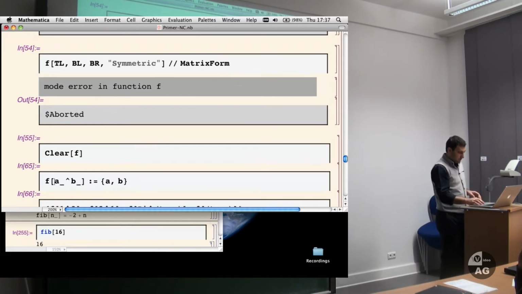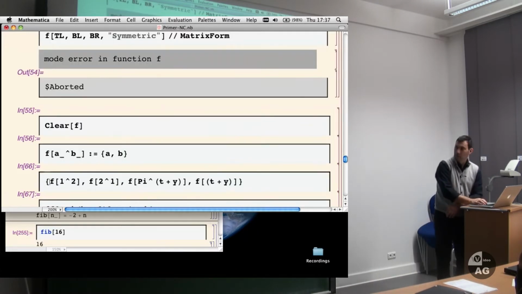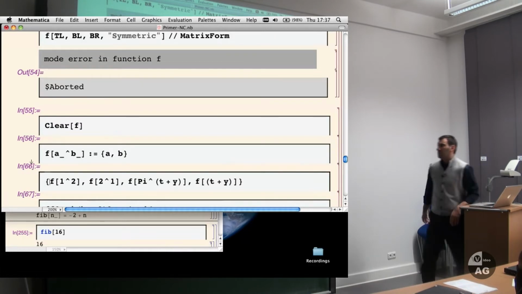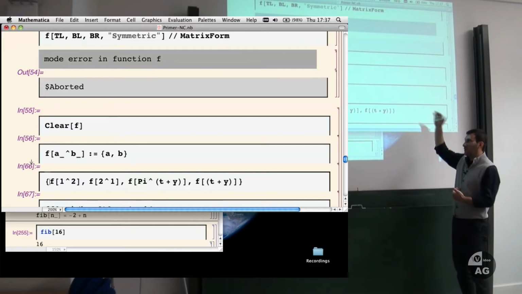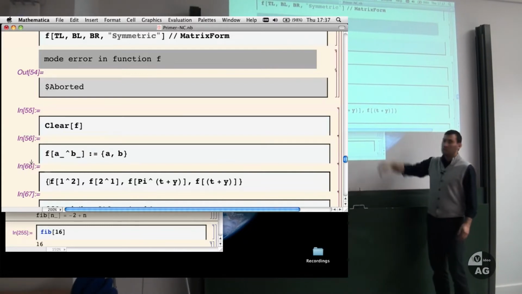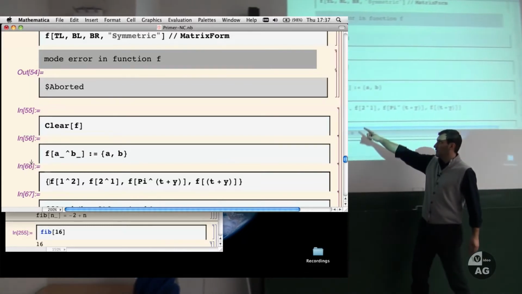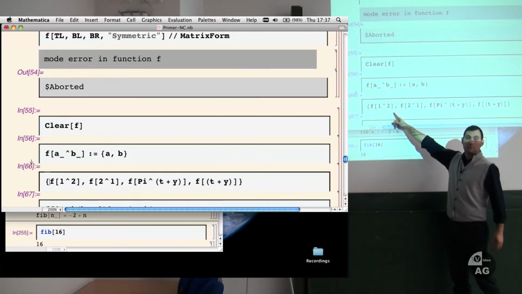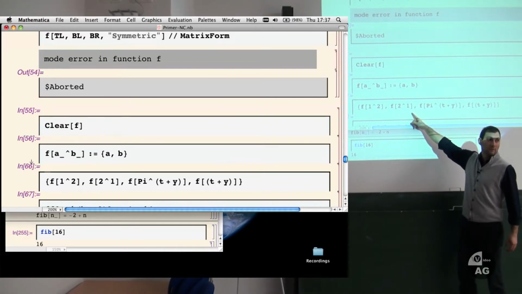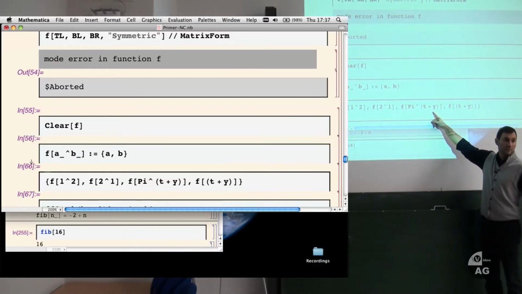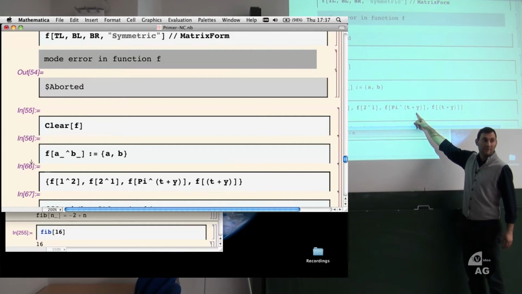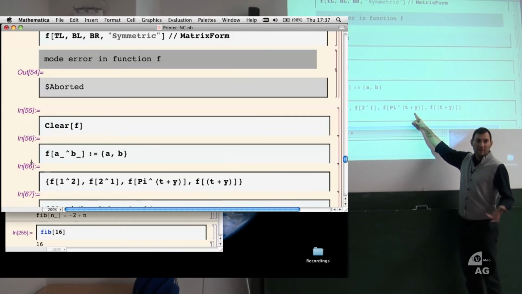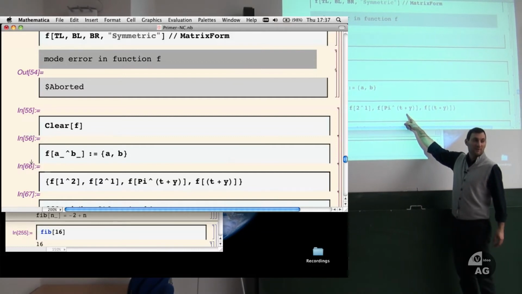Okay, I want to give you this example. We have seen this several times already. Power function, a to the power of b. Does it match or not? No. Yes or no? Yes. If I ask twice, I get different answers. So, why no?